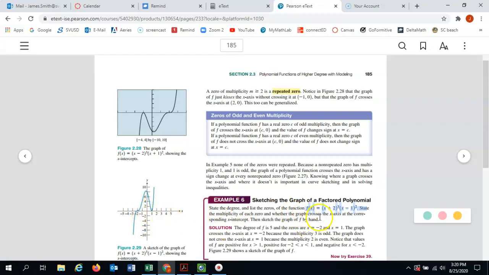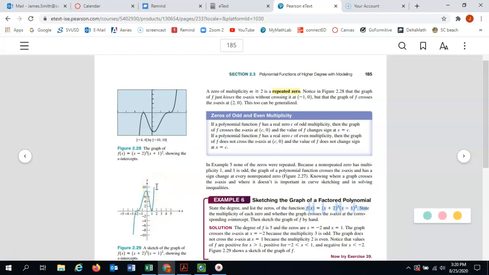Right? So if you look at the graph, here is one at -2, the other is at +1, and you'll notice at -2, it crosses over the x-axis because it has an odd power. So I know this one would have to cross through the x-axis, compared to this guy at +1, it bounced because it's an even exponent. So at +1, it did a bounce and went back up. Right?